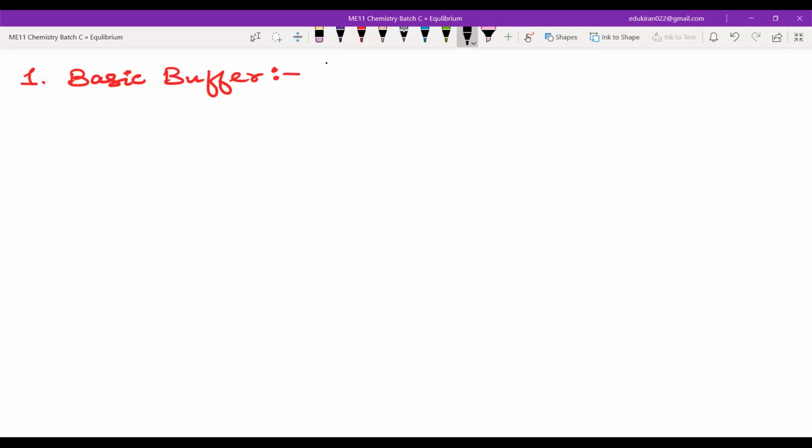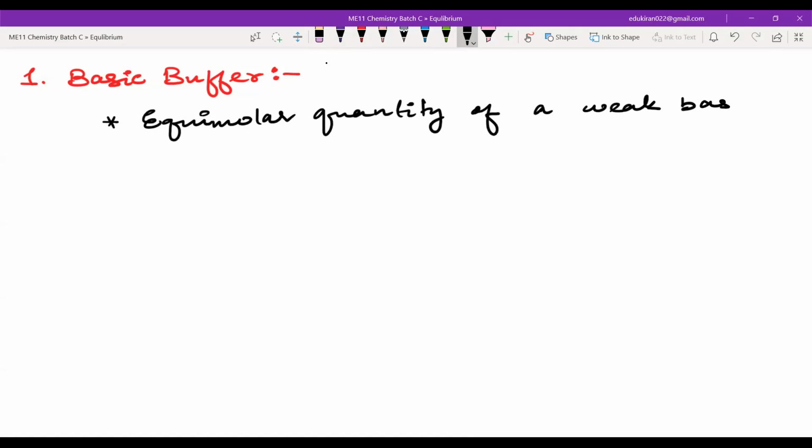Okay, basic buffer. So what we will do, we will add equimolar concentration, equimolar quantity of a weak base and its salt with strong acid.